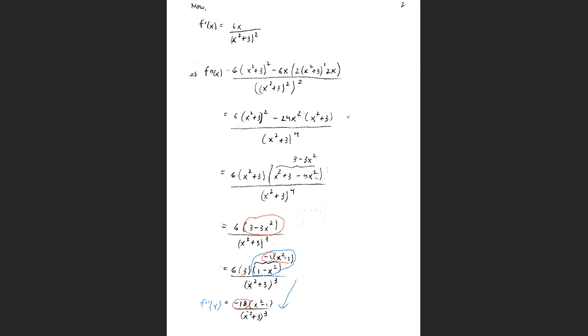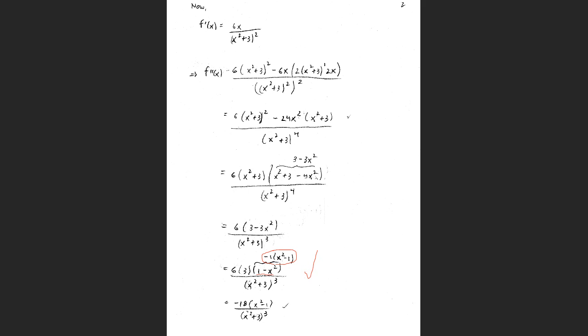Well, I mean, you can. So you're wondering about the negative 18, right? So all right, hold on. So you're good down to this step here, right? Maybe give me a thumbs up if you're good down to that step. Okay. So 1 minus x squared, I'm going to write as negative 1 times x squared minus 1.